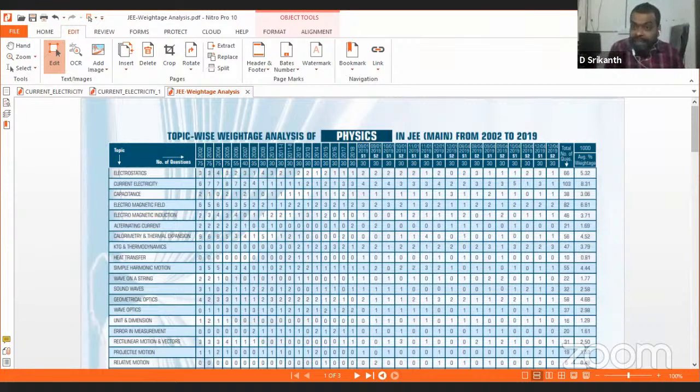For today, just make it into rounds: round 1, round 2, round 3. After completing round 1 and round 2, please go through the grand test papers simultaneously, then you will get the knowledge and can score more marks. Don't try to blindly study all the topics, make it into rounds.